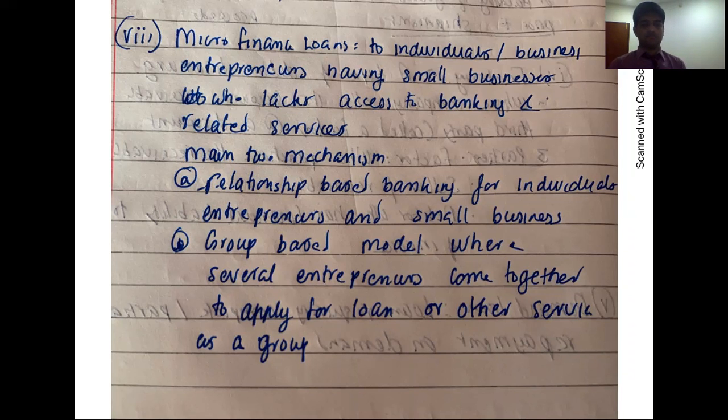Here, it's mostly like a cooperative society where funding will be provided to small businesses based on their requirements. It is a successful model followed in self-help groups and other means, especially in Kerala, where we have Kudumbashree. They provide microfinance loans. These are well successful systems where many small enterprises are getting funded.